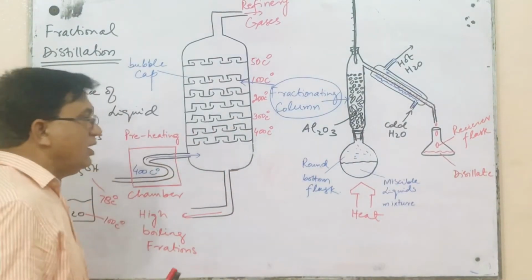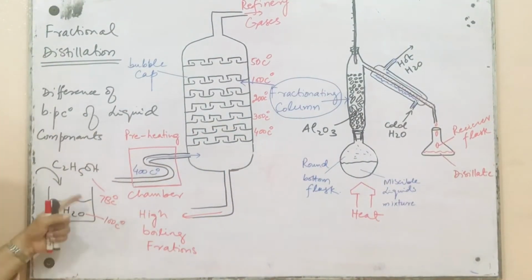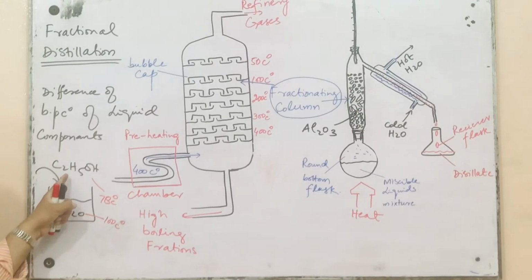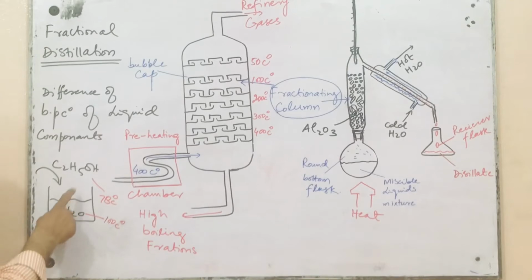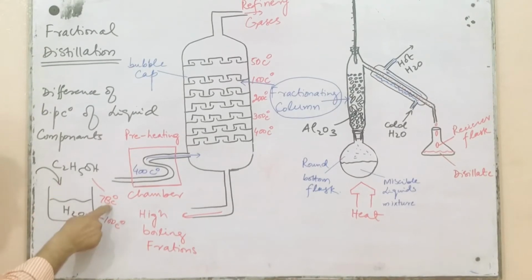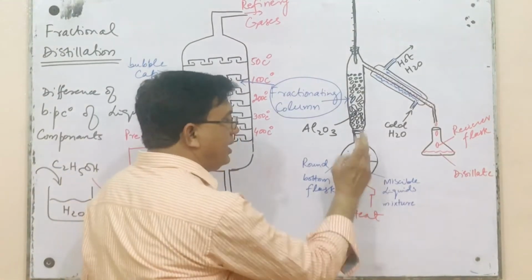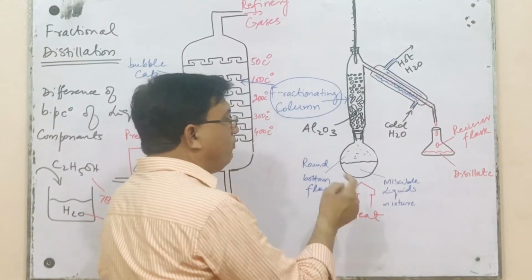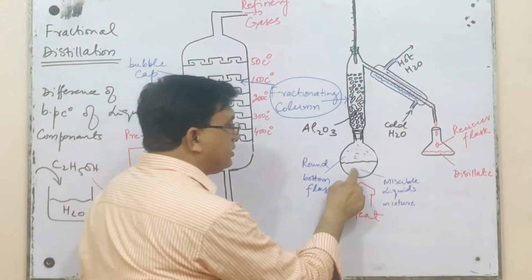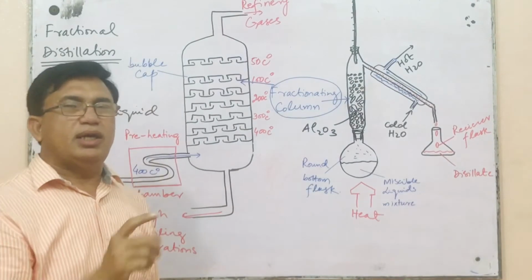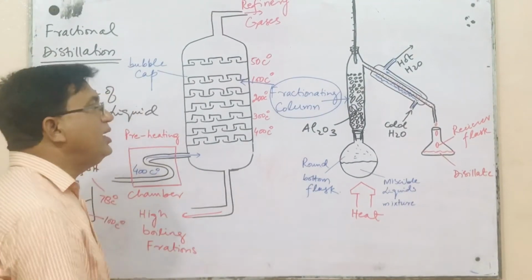For example, if we have taken a mixture of water and ethanol, then definitely the boiling point of ethanol, which is 78, is lesser than the boiling point of water, which is 100. Whenever we start heating, the ethanol will change into vapors very fast, and the water is just gaining heat energy.